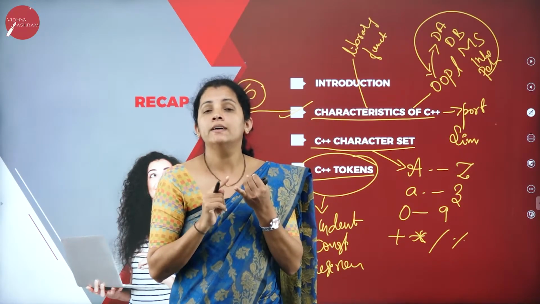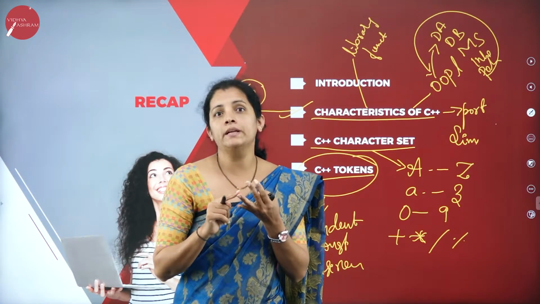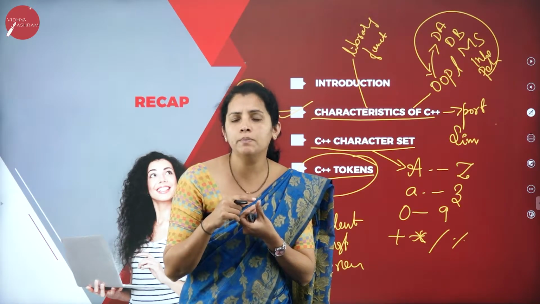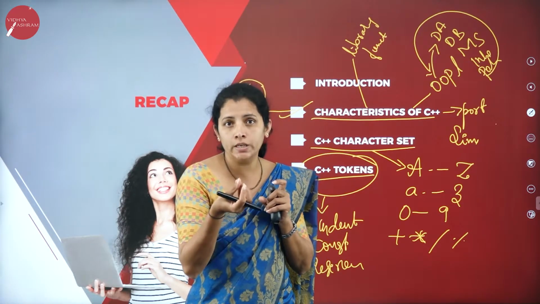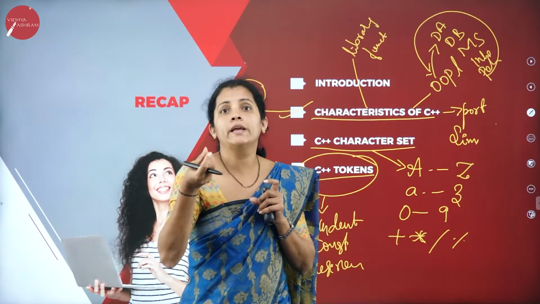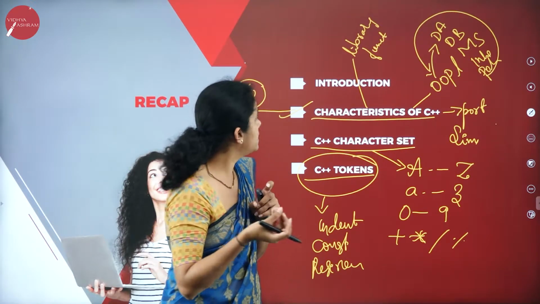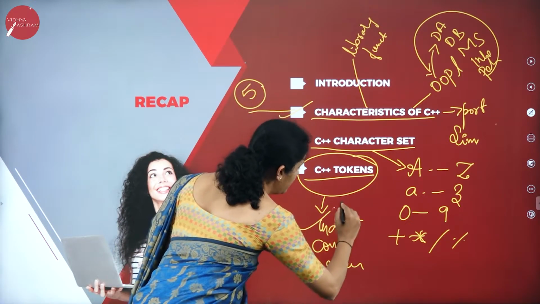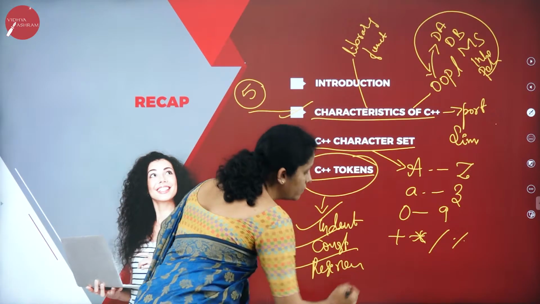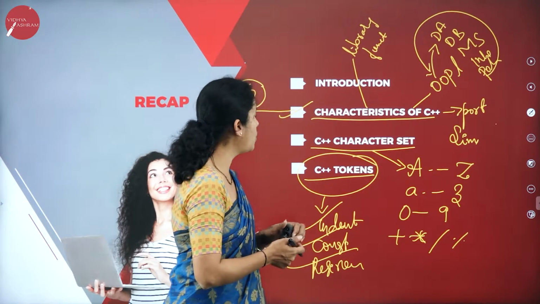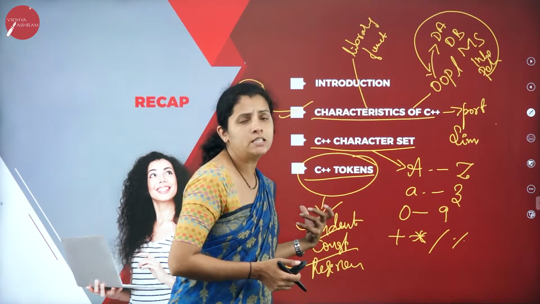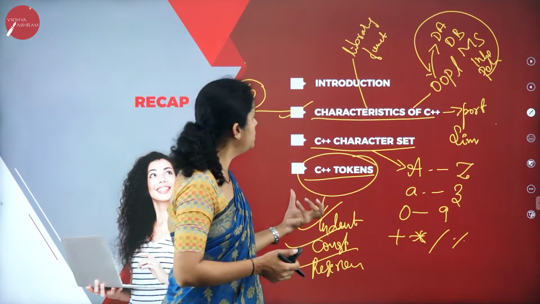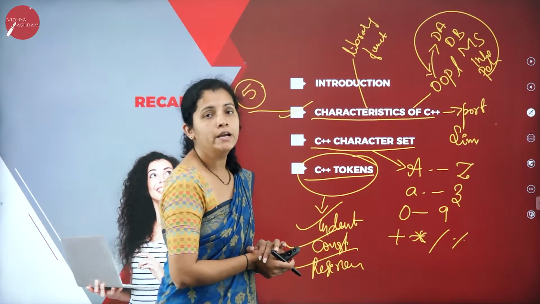I require rod, cement, sand, water, money. So these are the smallest individual units. Similarly, in the C++ programming language, identifiers, constants, reserved words, punctuators or operators are the smallest units. So these smallest individual units are called tokens.